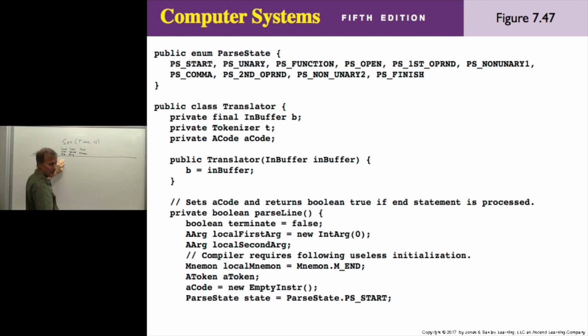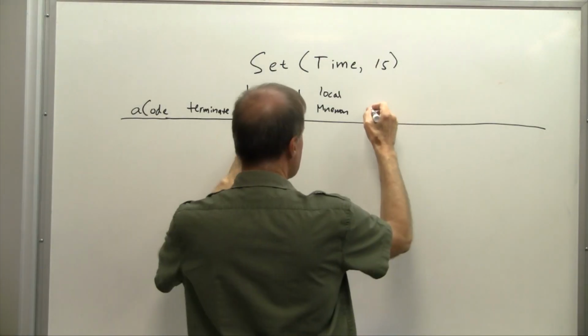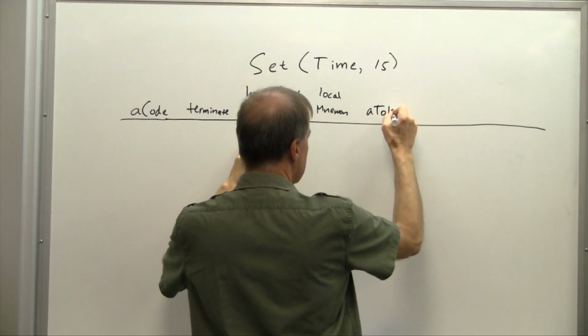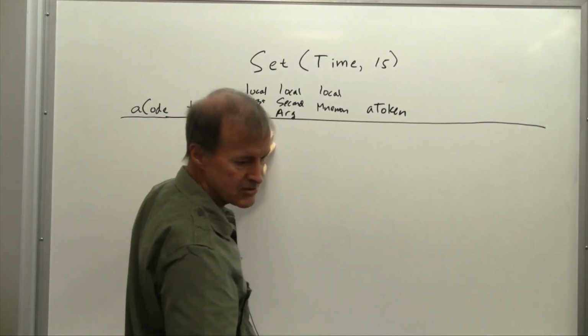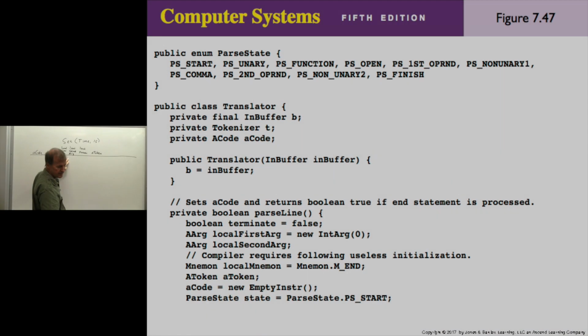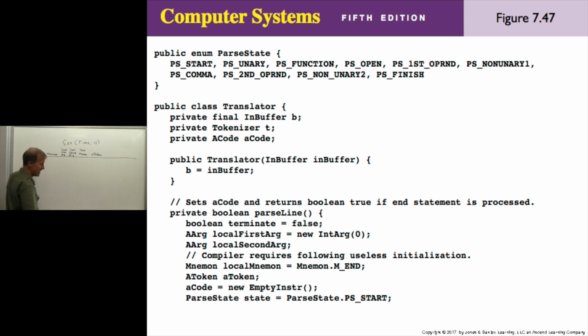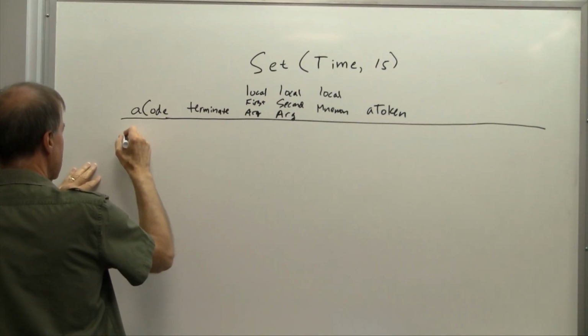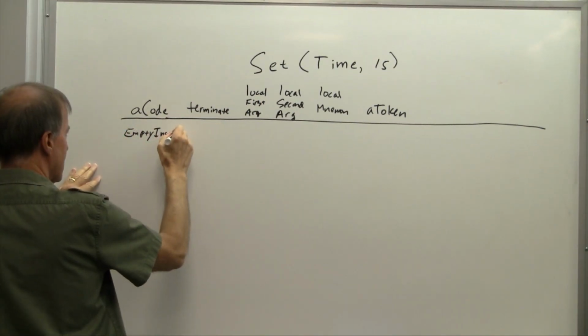Okay, and now what else do we have? A token. So here's a token. And then what else do we have? A code. So now this A code gets new what? Empty instruction.